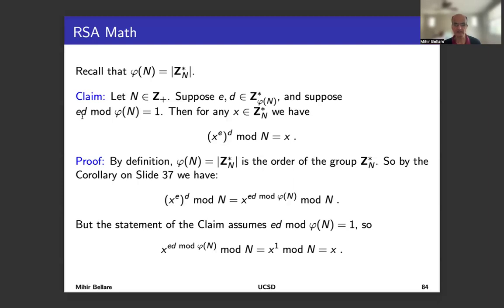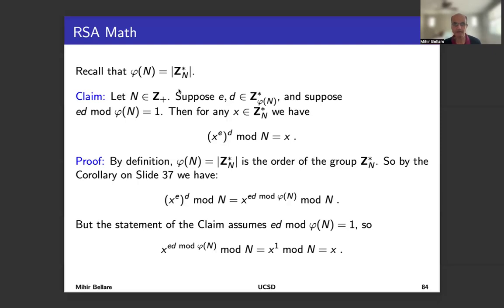Rather, they are inverses of each other, meaning that their product, when done under this group operation, is a 1. The operation in this group being multiplication mod phi of n. Mathematically, the equation is E times D taken mod phi of n is 1. So those are our preconditions. We now know all those things are true.